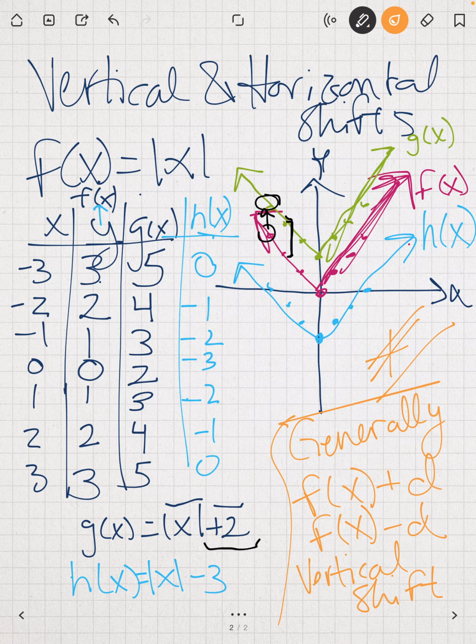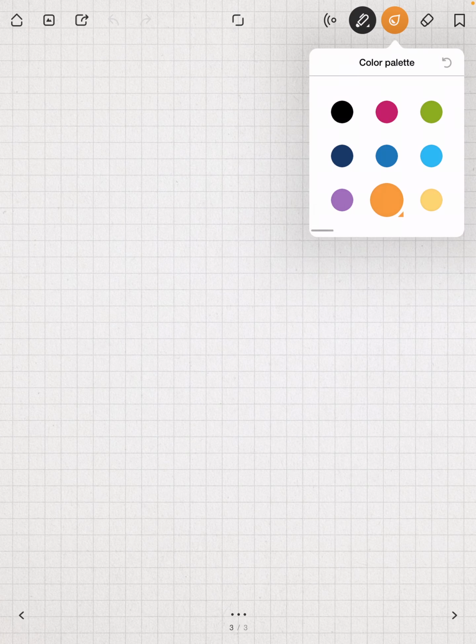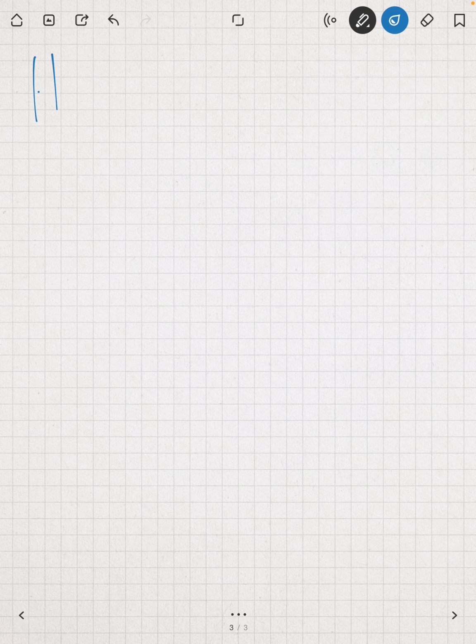As we start to understand these transformations of graphs, you'll see that's why we care about our library of functions, because once we know those basic functions, when we want to graph them, we just apply these transformations. We've talked about vertical shifts, and so now we'll consider horizontal shift.